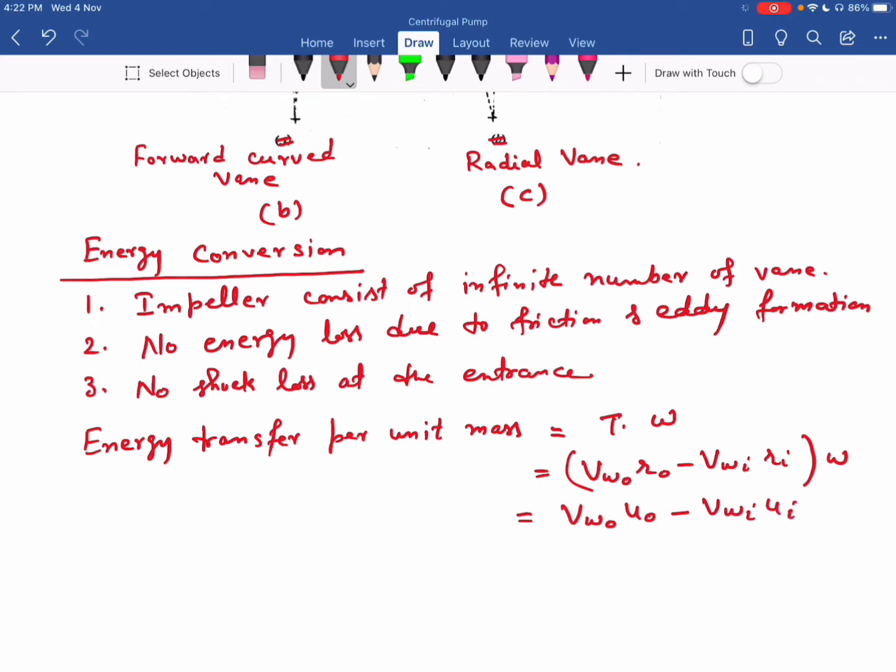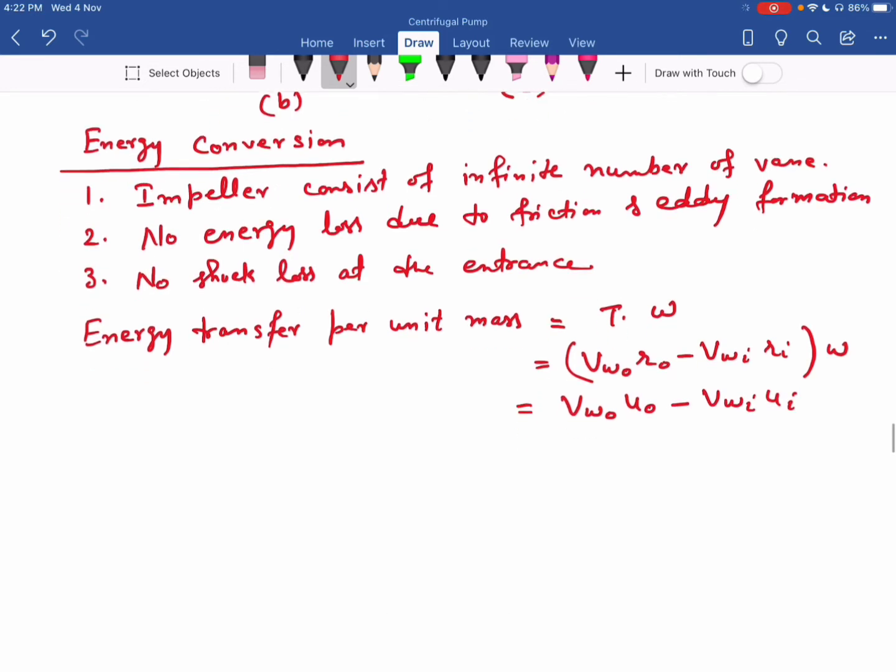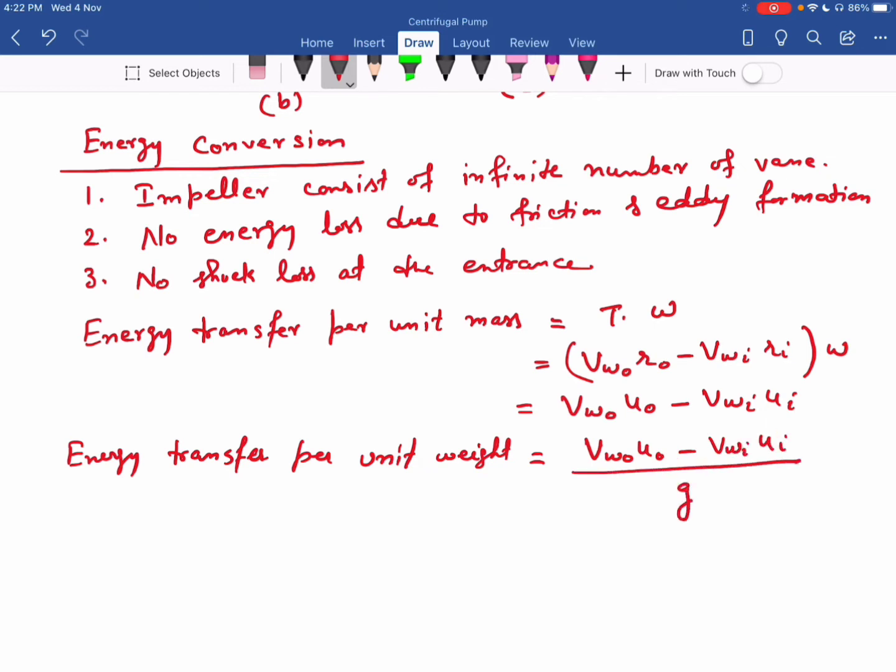And per unit weight, the energy transfer I can write as (VWO UO minus VWI UI) divided by g.